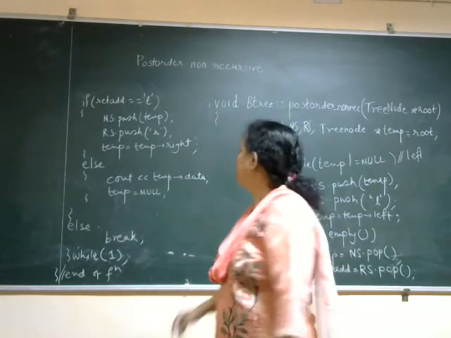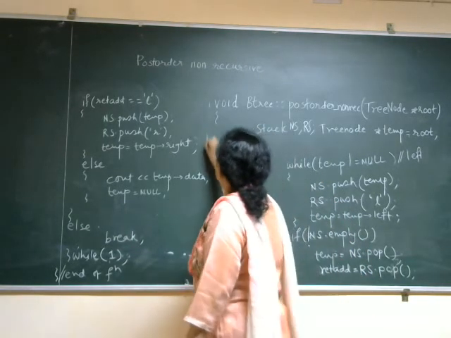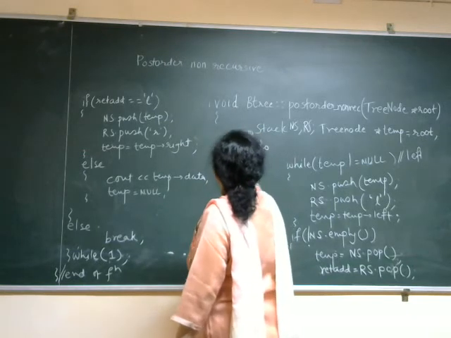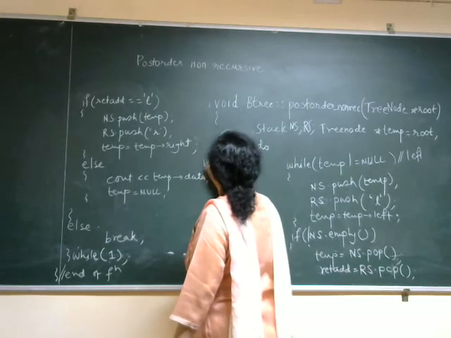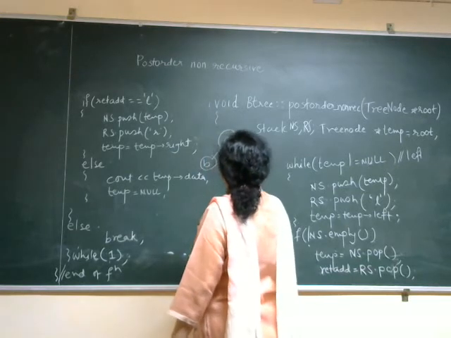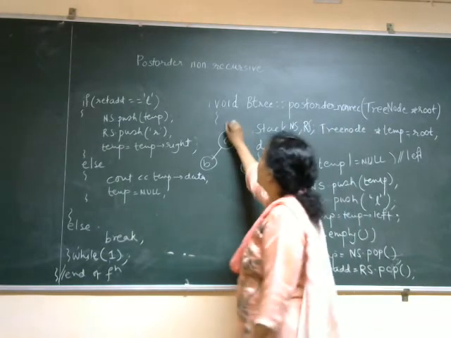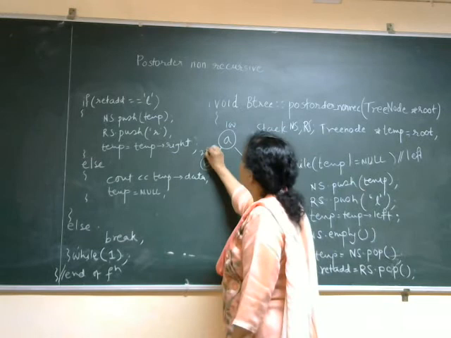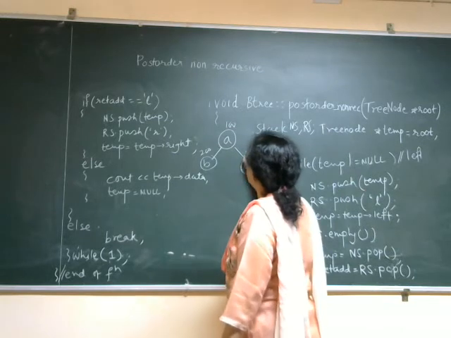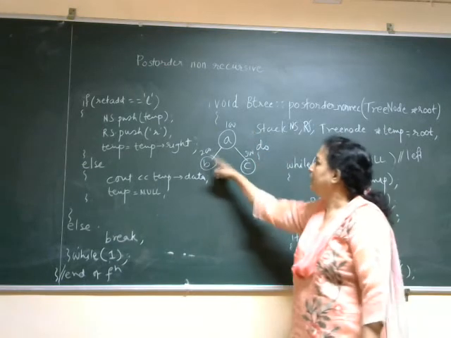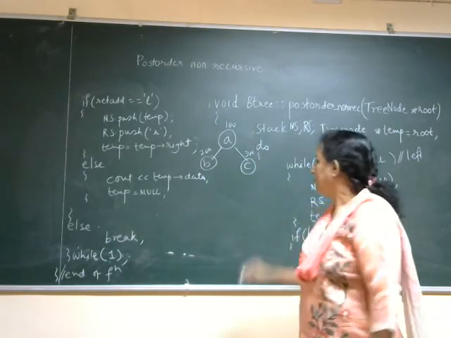Now we'll execute one code for this. Now suppose this is my tree. A, B, and C. Now this is my tree. Over here this address is 100, this address is 200, this address is 300. Now what do I require?